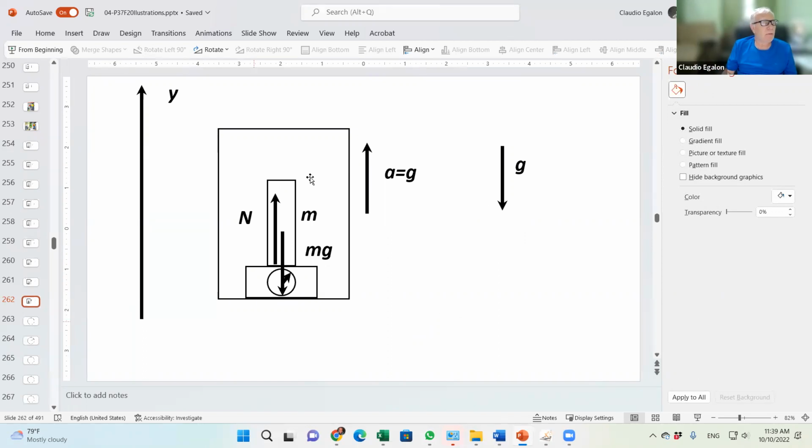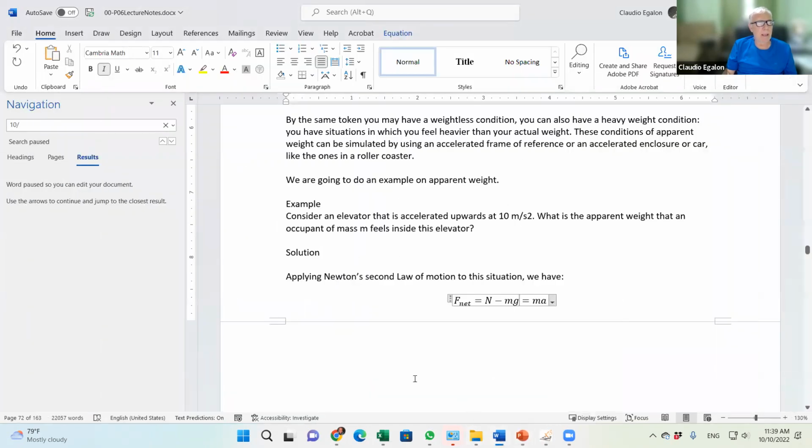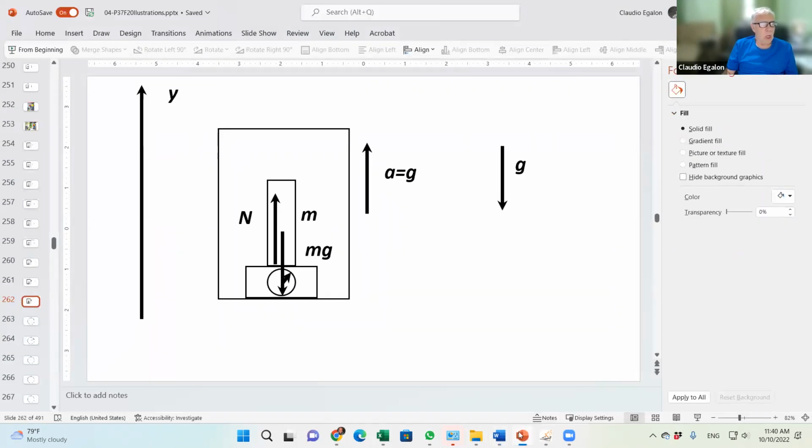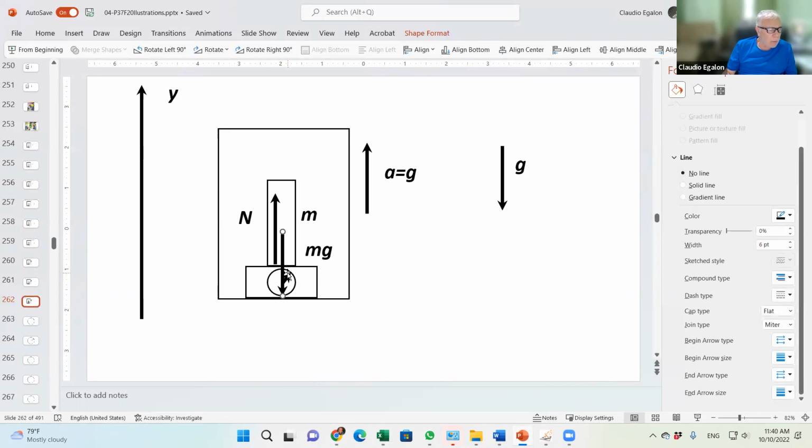But here is a different elevator. It's an elevator that keeps on accelerating, keeps on changing its speed to ever higher and higher speeds. And that's what we end up getting. And then there is one more thing, a little secret that is not easy to recognize. Your apparent weight, whatever your scale is going to indicate, in reality coincides with the normal that the scale is applying to you.